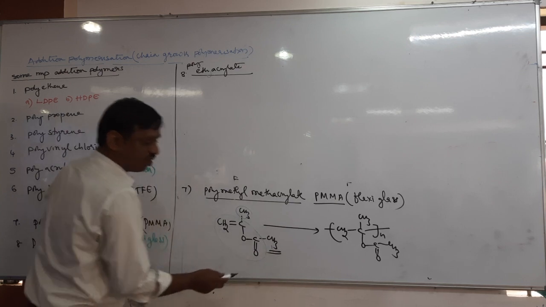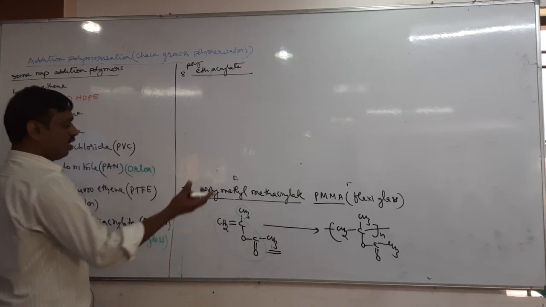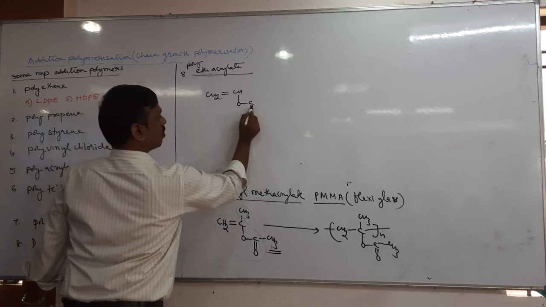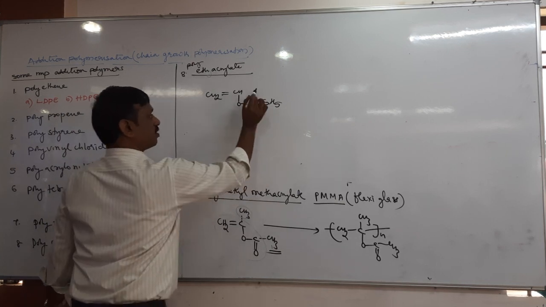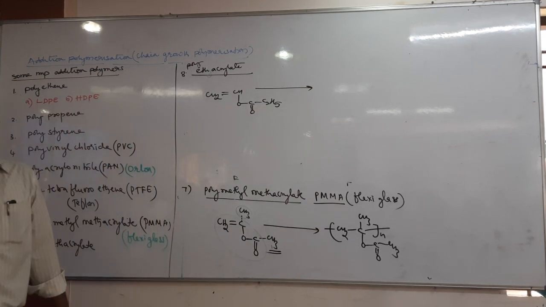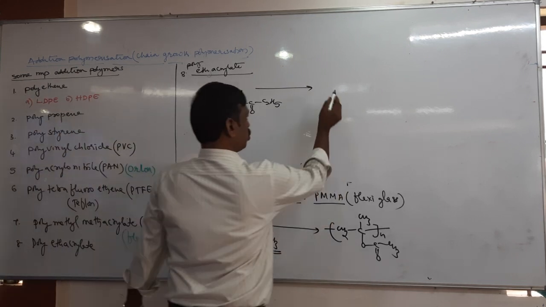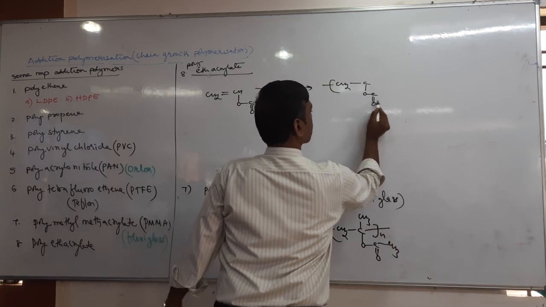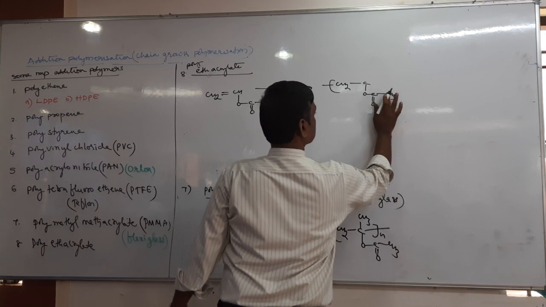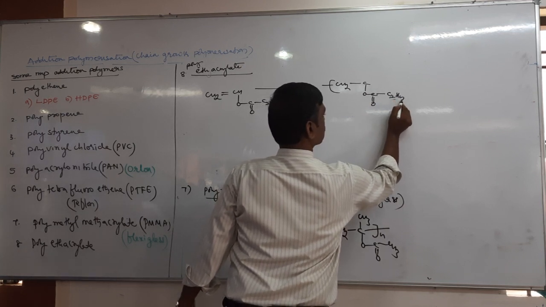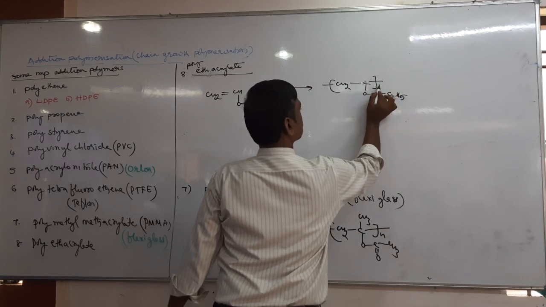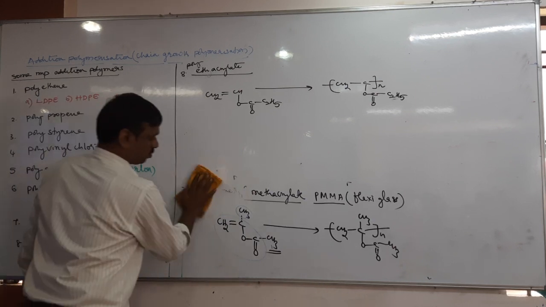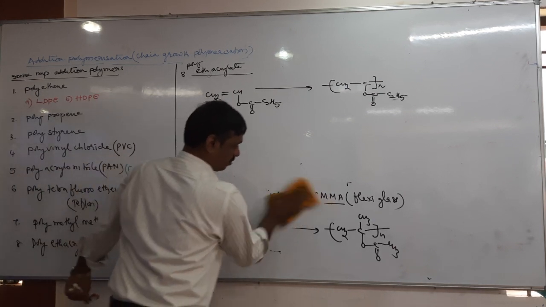In place of methyl, if you write ethyl, it becomes ethacrylate: CH2 double bond CH, C double bond O, OC2H5. Ethacrylate undergoes polymerization and you get the polymer. It is also a decorative material.